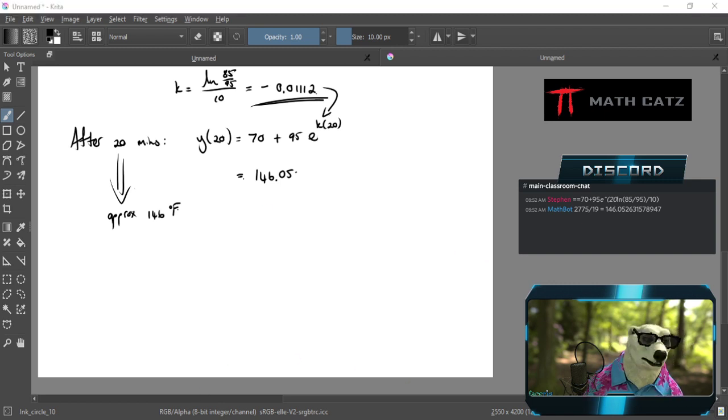temperature where food is safe to eat? At what temperature is food safe in terms of it not burning my mouth? Not in terms of killing all the bacteria.